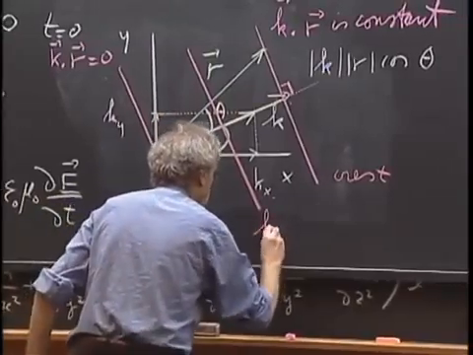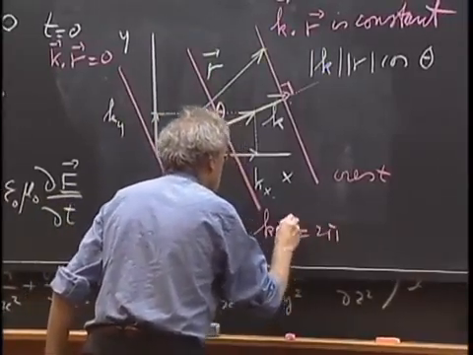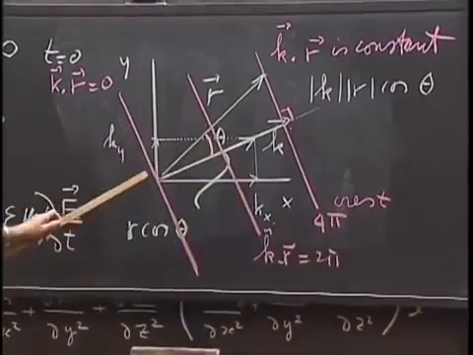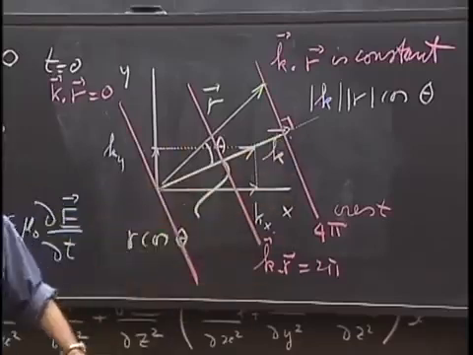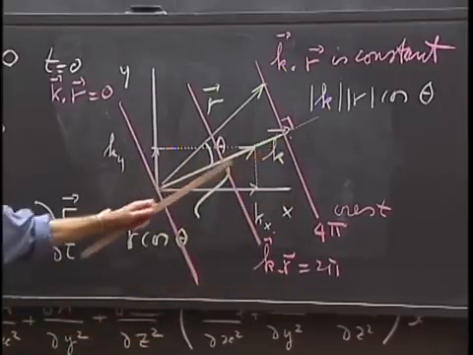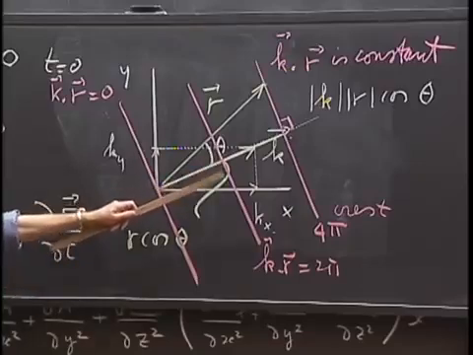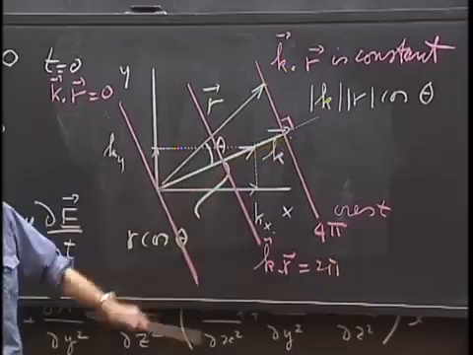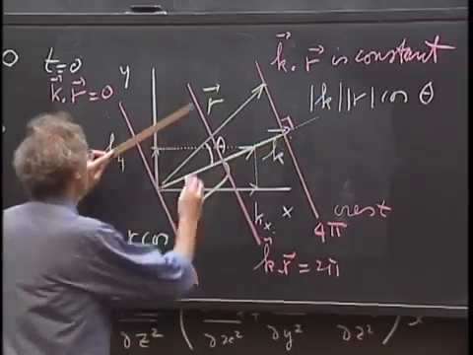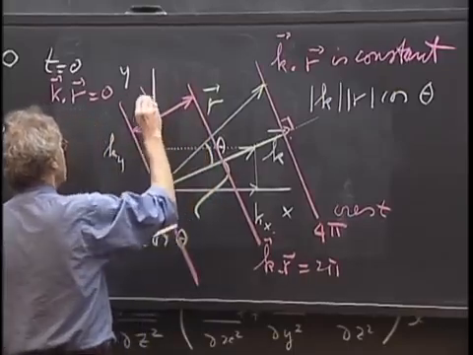So k dot r here is therefore 2 pi, and k dot r here is 4 pi. Because this now represents a wave. This is the full wavelength of the wave where E is a maximum in your direction. In other words, this here is my definition of lambda.